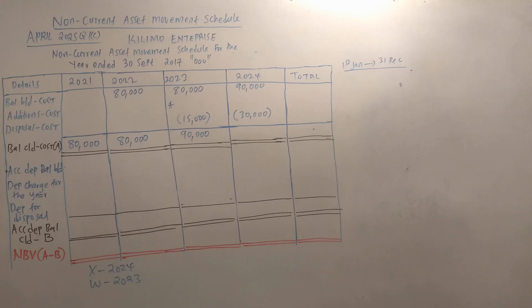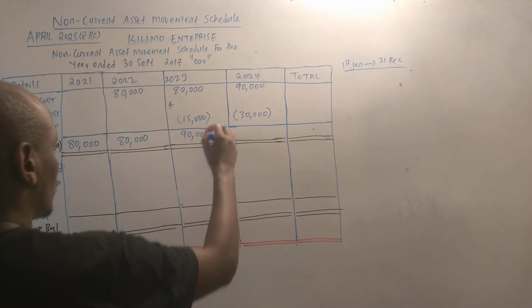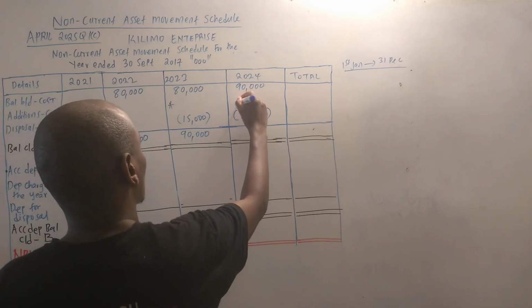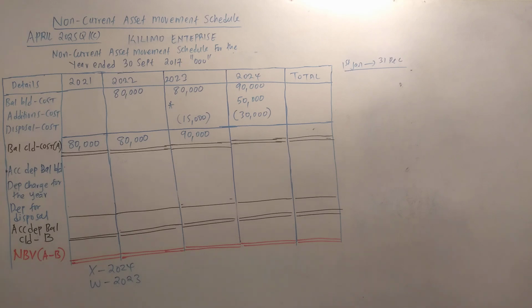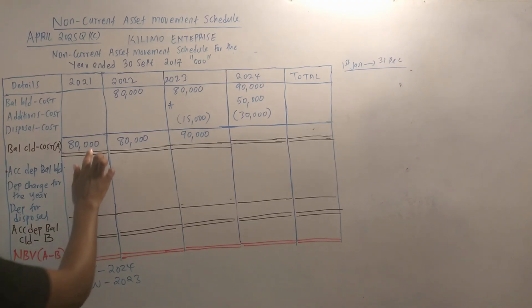Plant X, which was in 2024, was sold and replaced on the same date with the plant Z at 50,000. So plant Z, we acquired it at 50,000. That is it. So that is the filling in now. There is nothing hard. I could have used a black pen here.